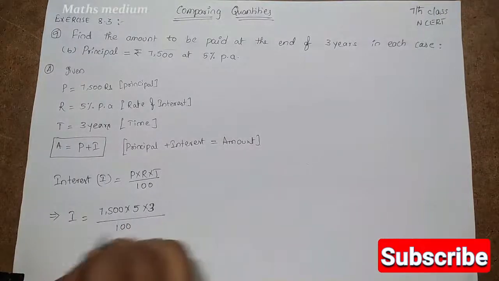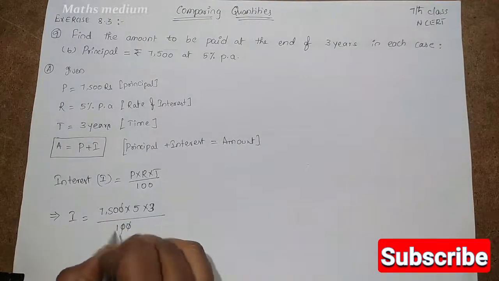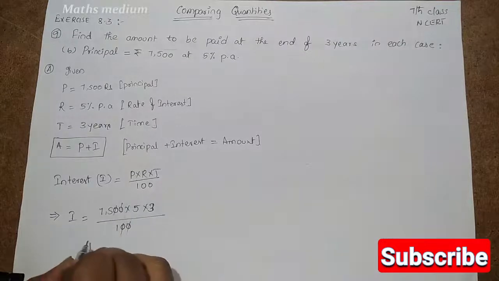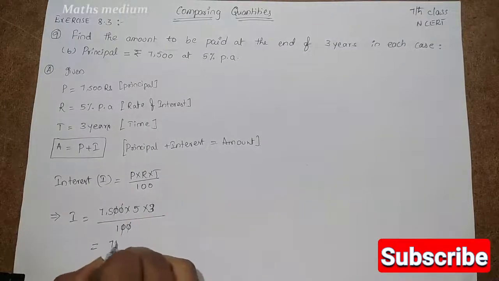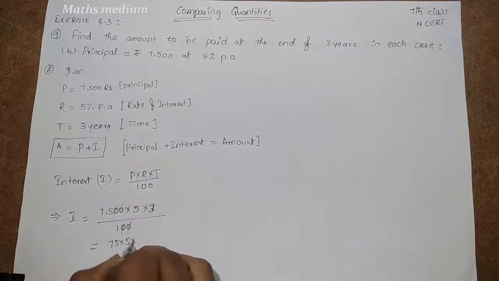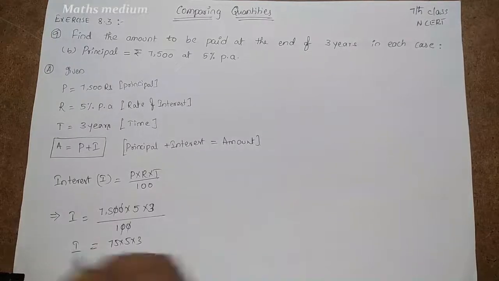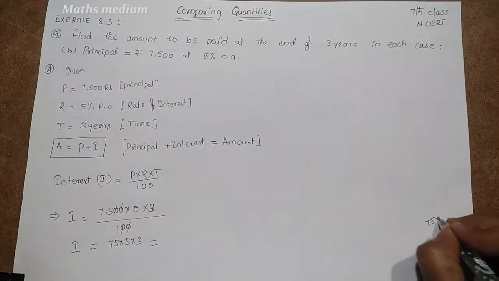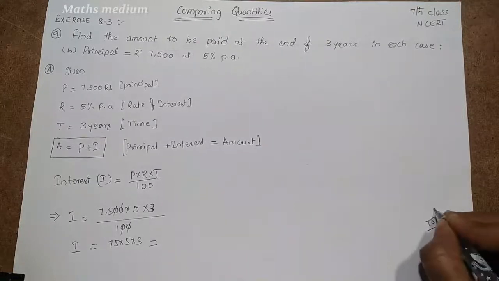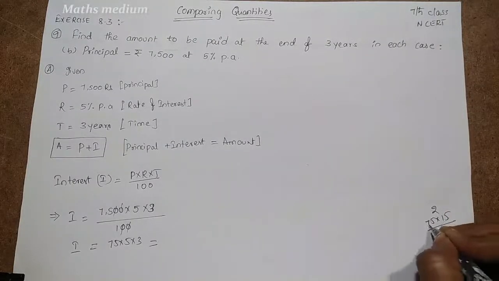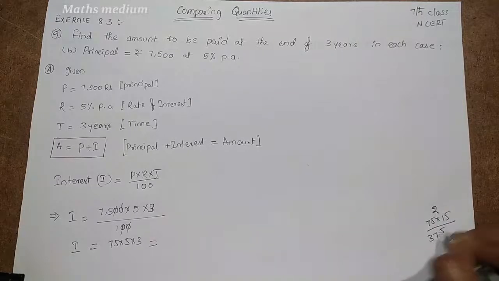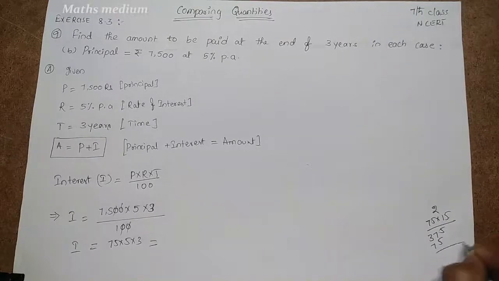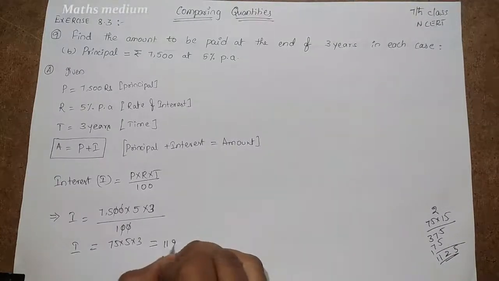Now apply simplification. 0 0 cancelled, here 0 0 cancelled. Now 75 into 5 into 3 is equal to I. It means 75 into 15. 5 5s are 25, 5 7s are 35, plus 2 is 37, 75, plus 1 is 1125 rupees.